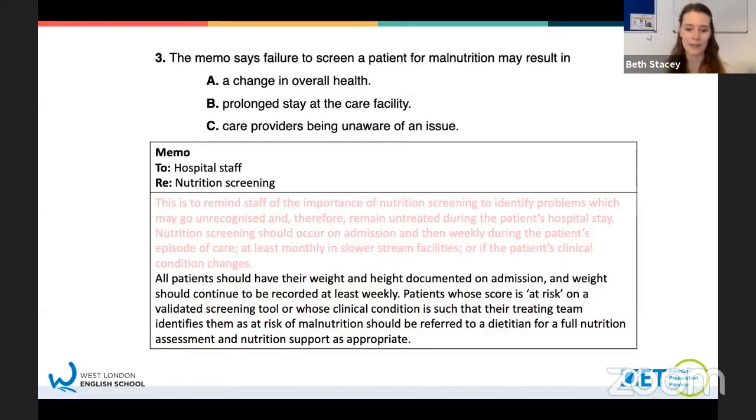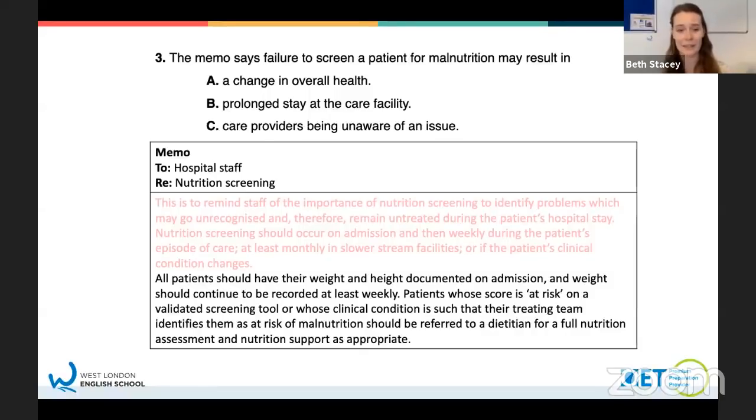And then down at the bottom, actually, none of this is relevant. It's not important. It's just talking about having the height and weight documented, recorded weekly. And if the patient is at risk, then they may be diagnosed as at risk of malnutrition, and they'll need nutritional support. So it's not saying that they might have to stay at the care facility longer.